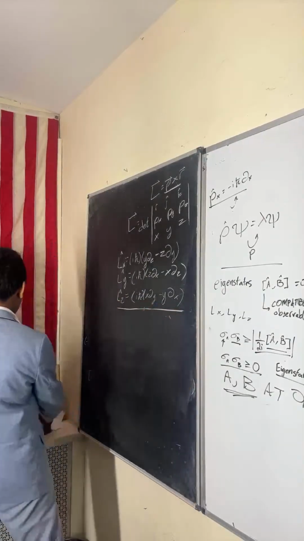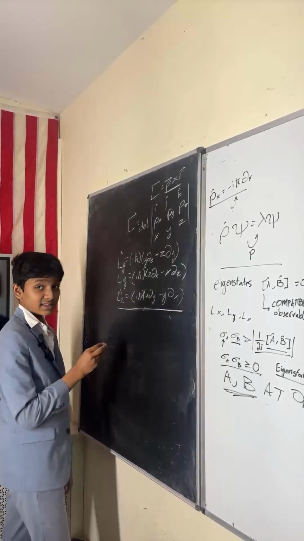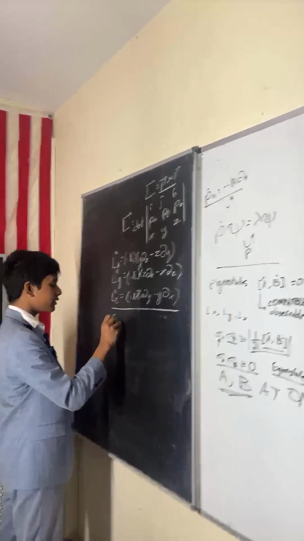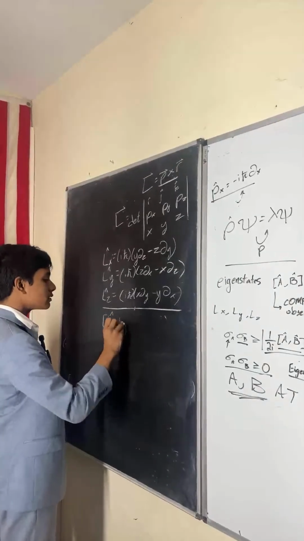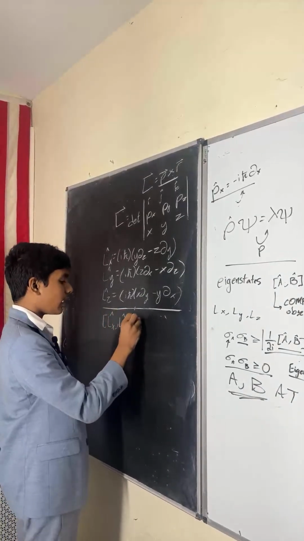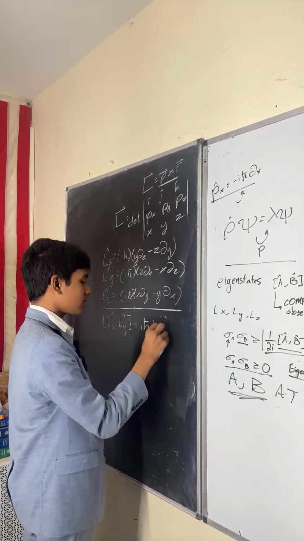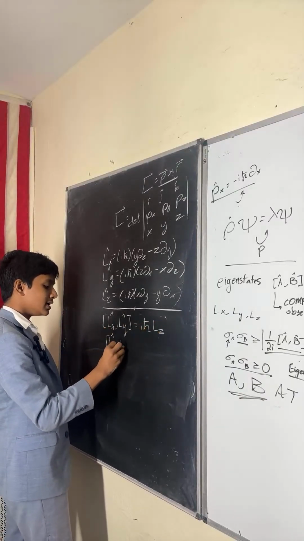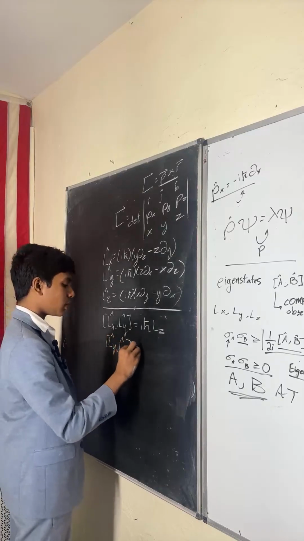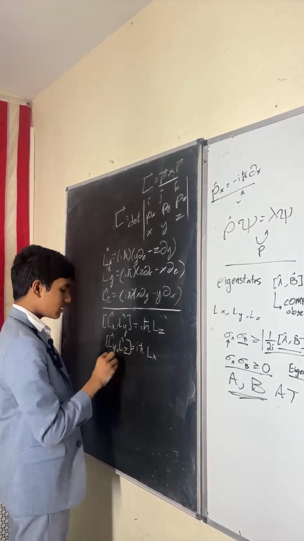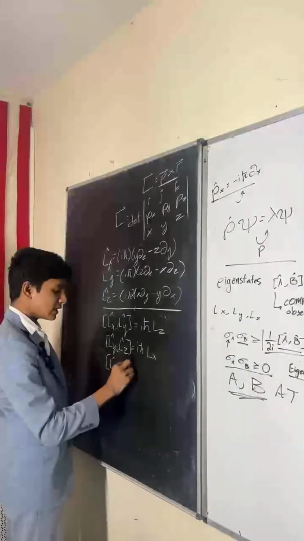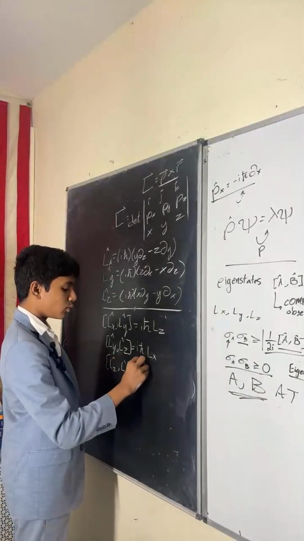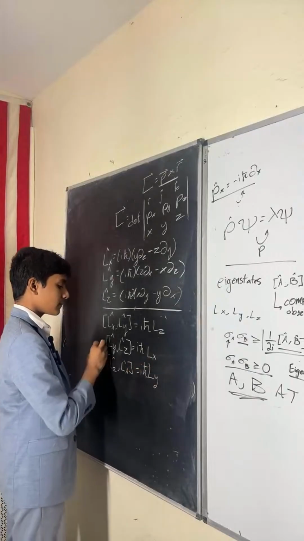And what does this tell us? Well, it tells us that the commutator of Lx and Ly is i h bar Lz. So, by cyclic permutation, the commutator of Ly and Lz is going to be i h bar Lx. Lz and Lx is going to be i h bar Ly.